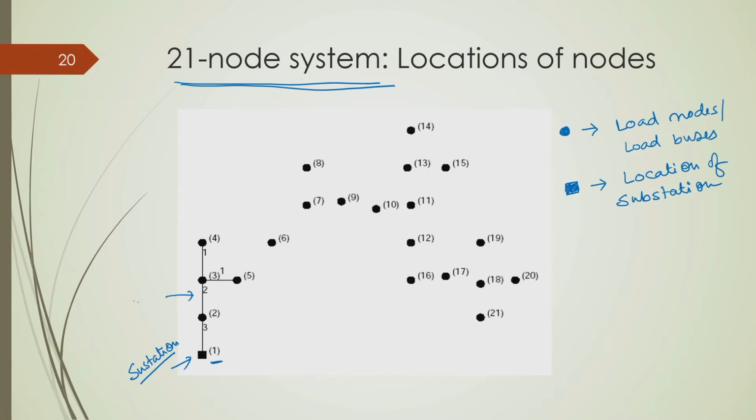And this is a single feeder network which is pre-existing. So, these node numbers are shown within brackets. So, this 1 or this 2, this represents the node number.